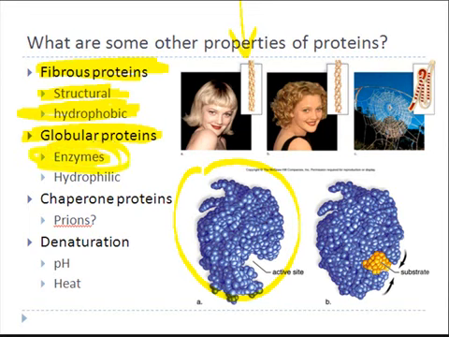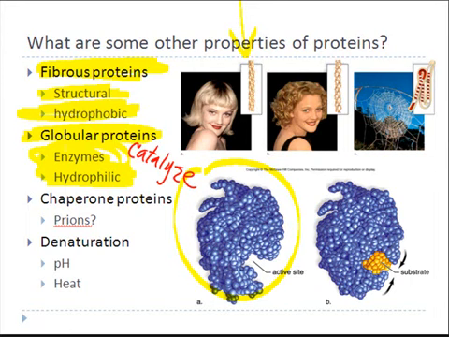Enzymes are a special subset of proteins that catalyze reactions. When I say catalyze, it simply means that they speed up the rate of a reaction without themselves becoming consumed by the reaction. These guys tend to be very hydrophilic. They dissolve readily in water, so that makes them different from fibrous proteins.